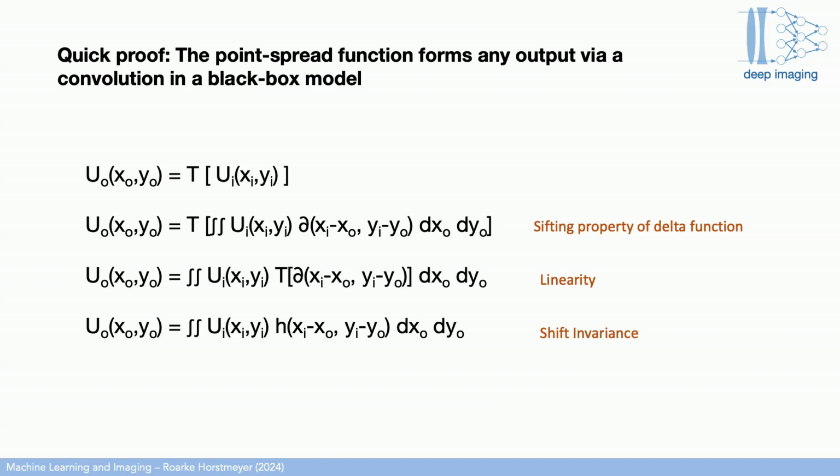And this is a convolution. This is exactly what I just showed on the previous slide. And so this says we're taking our model output, we're taking our input complex field and convolving it with whatever point spread function we've determined defines our black box.